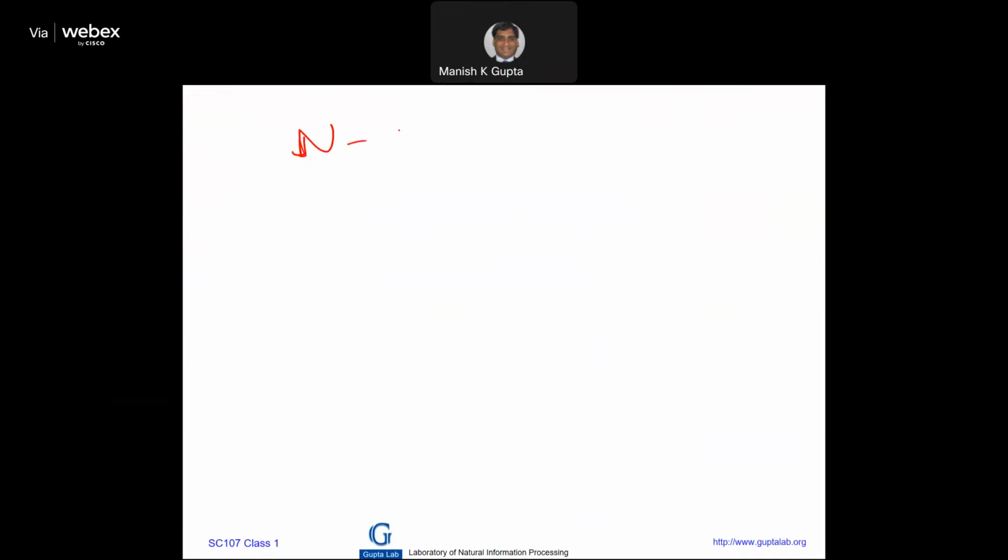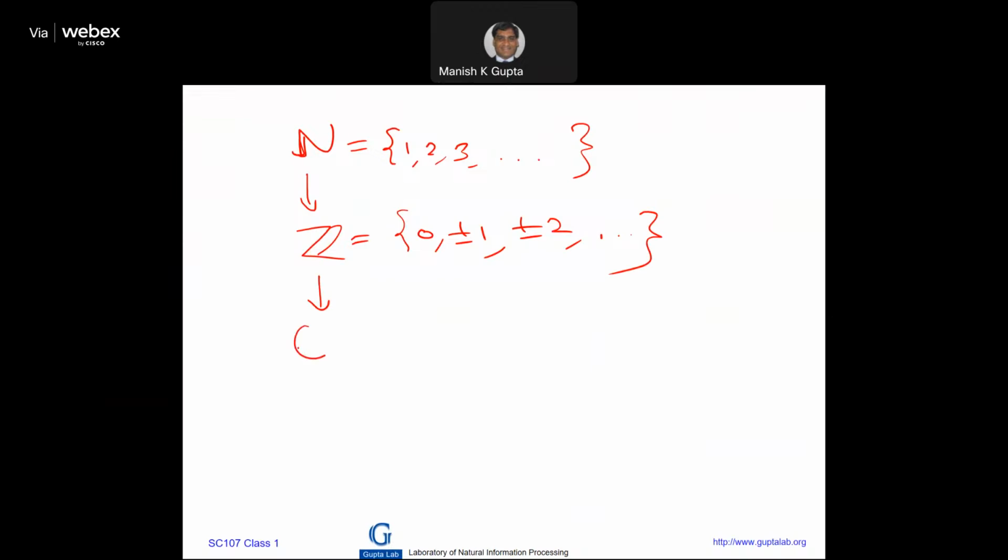Our number system was N equal to 1, 2, 3, the natural numbers, extended to integers, which is 0, plus minus 1, plus minus 2, and so on. Then it extended to rationals of the form p by q, such that p and q are integers and q is not equal to 0.